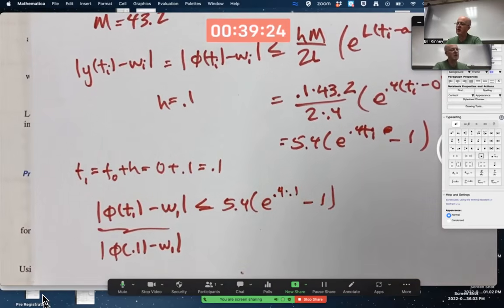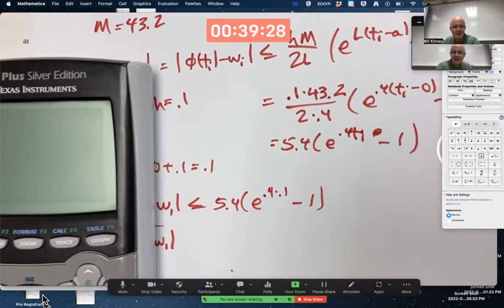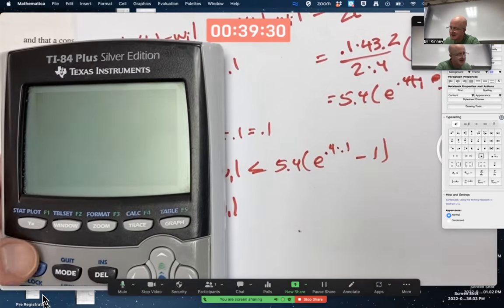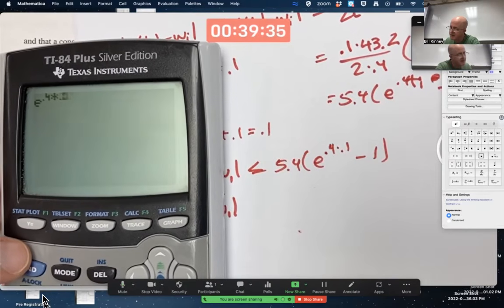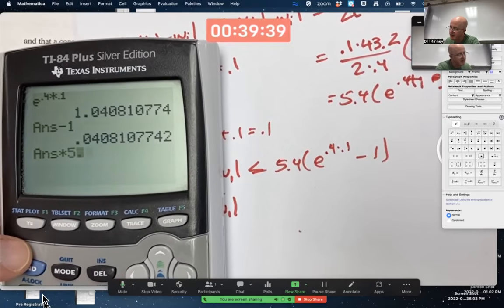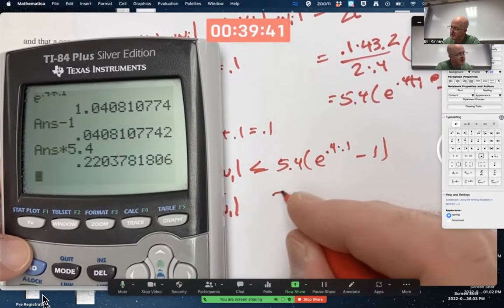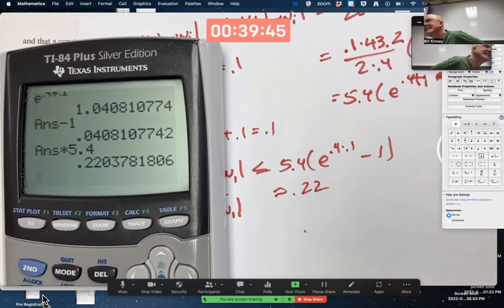Is this a small number or not? e to the 0.4 times 0.1 minus 1, times 5.4, is about 0.22. Probably not as small as you'd like. But it is what it is.